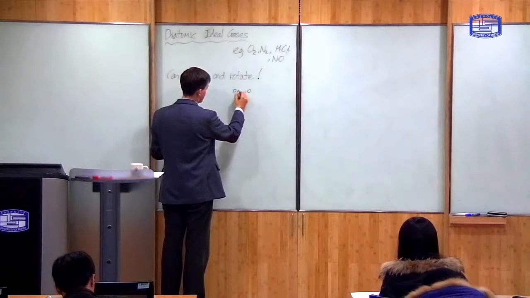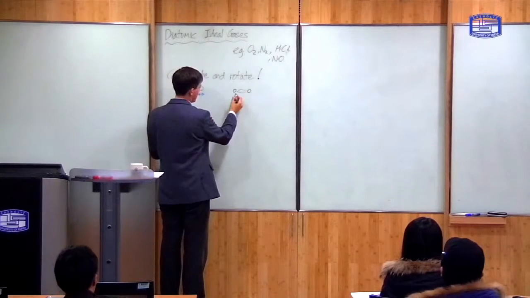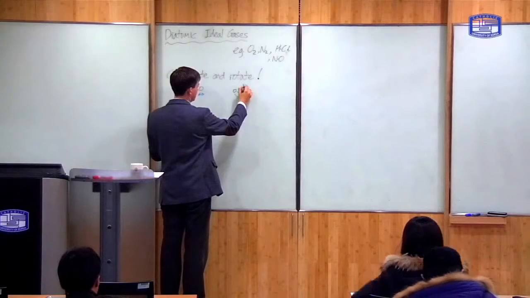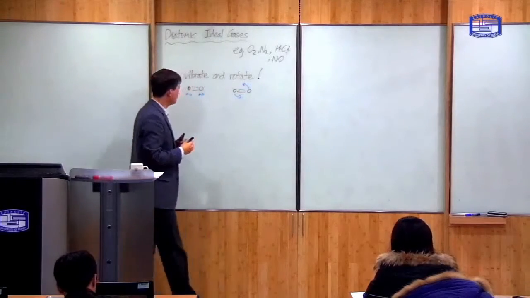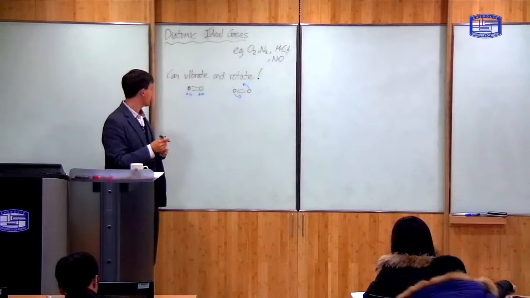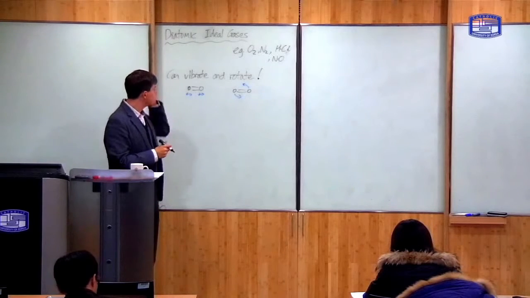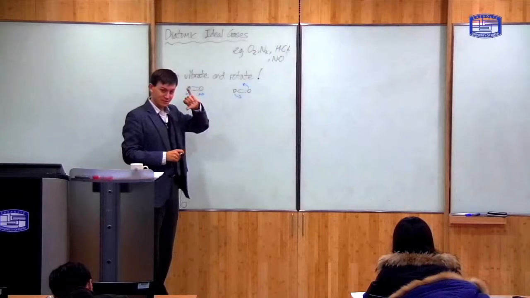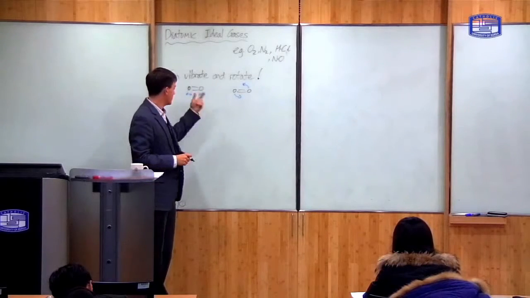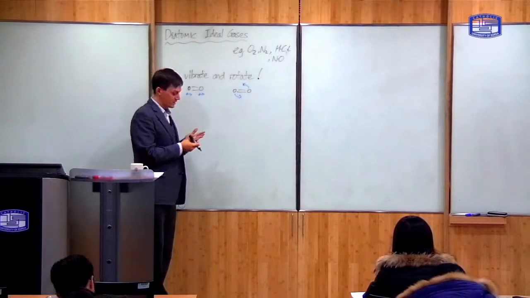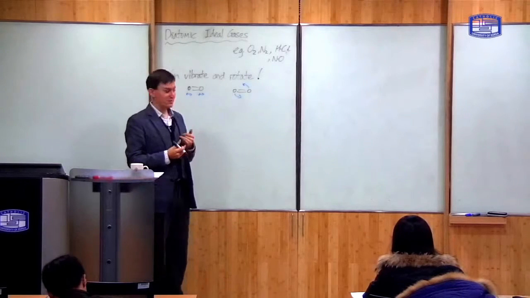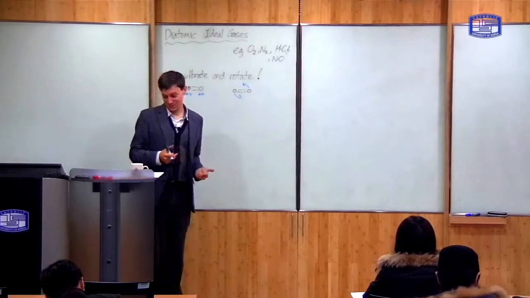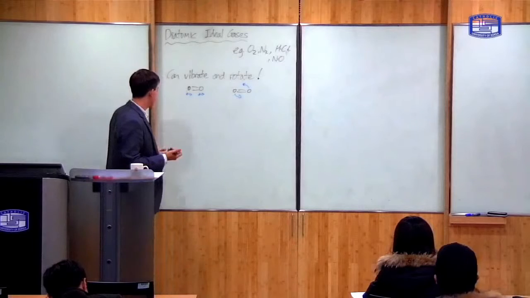And they can rotate. So again, if I have oxygen, they can move around like this. And we want to know what these excitations, these possible vibration and rotational excitations, do to the energy and heat capacity and so on of the gas.